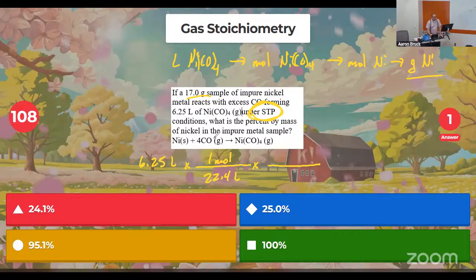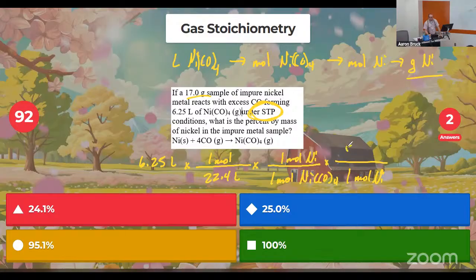And then we can go from here. 1 mole of the nickel complex is 1 mole of nickel metal. And 1 mole of nickel metal weighs 58.7 grams.